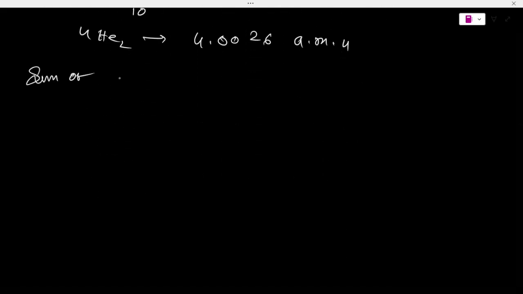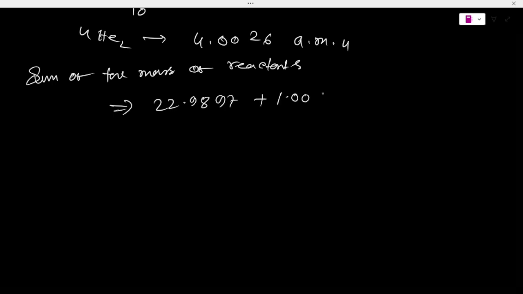Sum of the masses of reactants is equal to 22.9897 plus 1.0078. It will be around 23.9975 AMU.